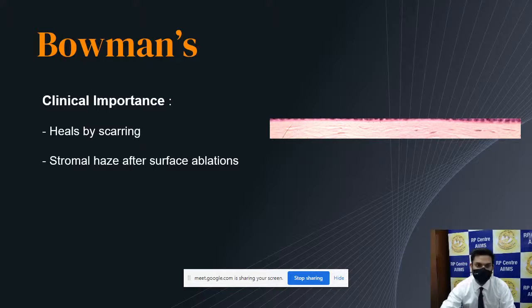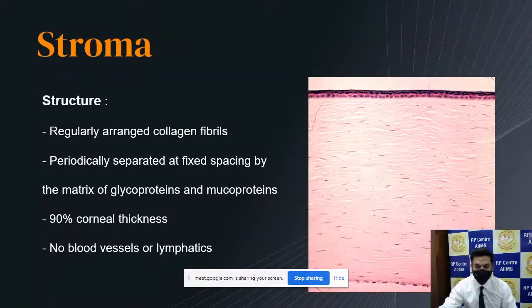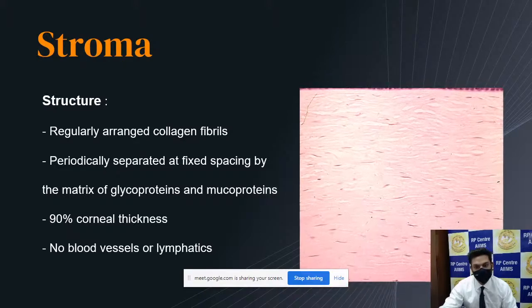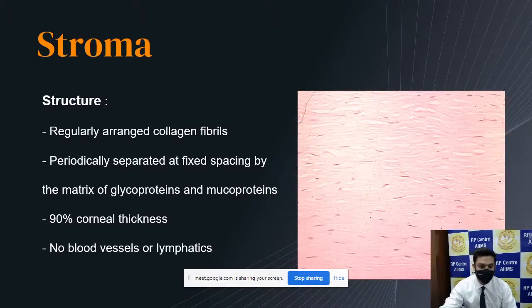The corneal development is induced by the lens vesicle and the optic cups that lie behind the surface ectoderm. The mesenchyme or the mesoderm forms the Bowman's membrane and the stroma. Bowman's membrane is not an actual membrane because it does not have a true basement membrane, but the anterior-most portion of the stroma has a different structure which I'll discuss further, and that is called the Bowman's membrane.